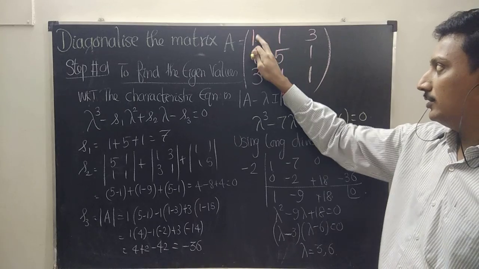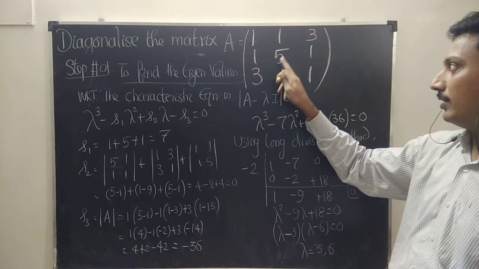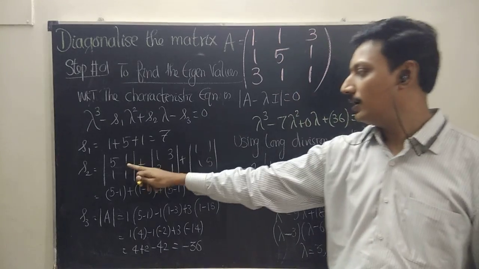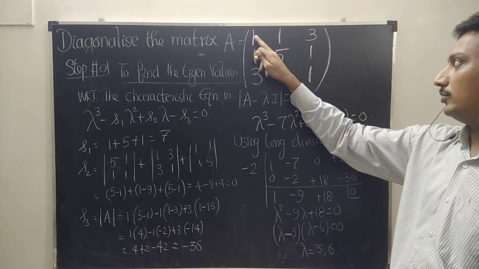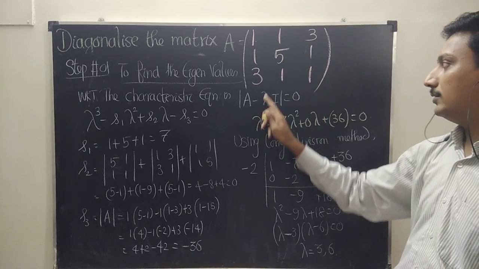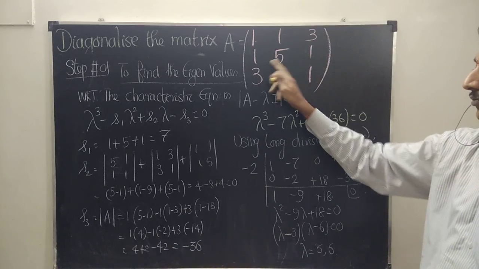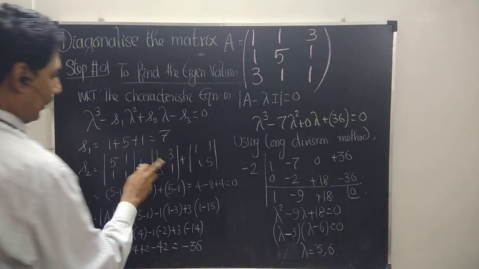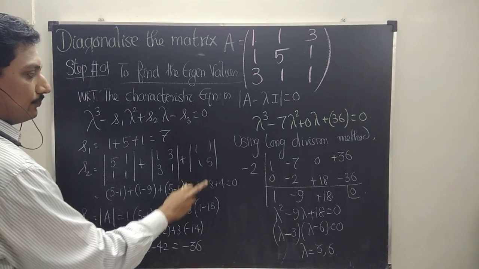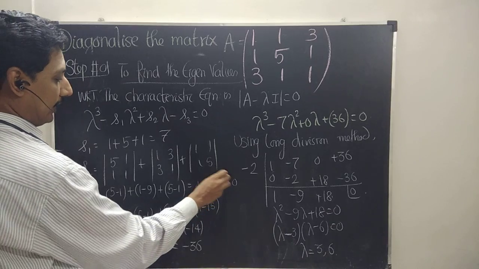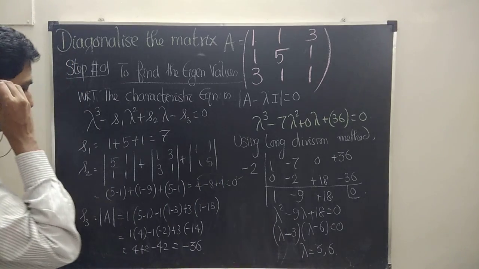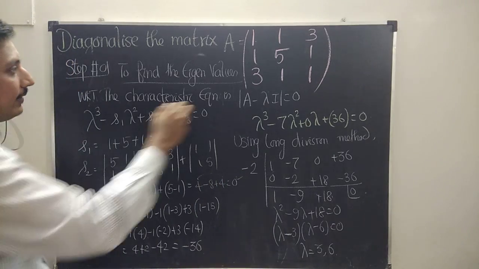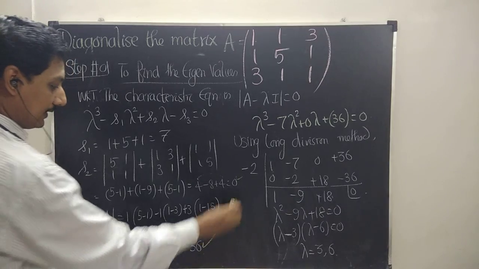So this column and this row: 5 1 1 1, right? Second diagonal 5: 1 3 3 1. Third one 1: 1 1 1 5. So we get 5 minus 1, 4, then 1 minus 9, minus 8, 5 minus 1 is 4, so it is 8 minus 8, 0. And S3 is the determinant of the matrix, so we get minus 36.